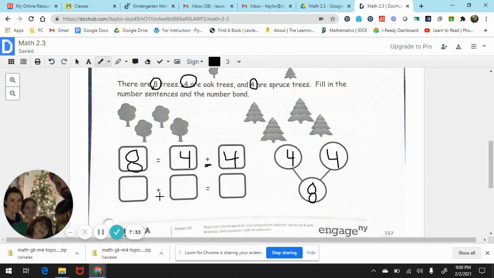Okay, friends, let's look at this one. There's my plus sign. So that tells me that a part goes here and a part goes there. Well, look at my number bond. Friends, what are my parts? This number is 4. And this number is? Excellent. That number is also 4. So 4 plus 4 equals what?